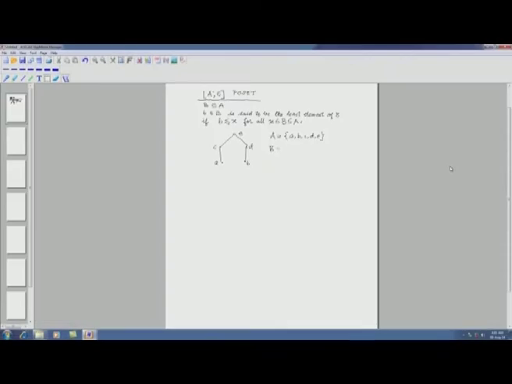Now, let us consider the set B, which is only E, C and D. Now, we shall see that there is no element in the set containing E, C, D, which can be called the least element.